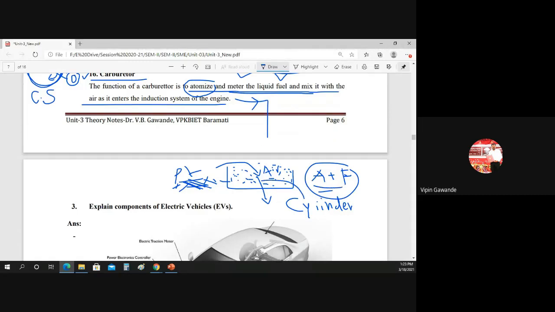ओके, म्हणजे सपोज यू हॅव स्टार्टेड द व्हेकल आणि आपण फक्त 20 किंवा 30च्या स्पीडने चाललो आहे, तर आपल्याला एअर फ्युएल मिक्सचर कमी लागेल, कारण आपली स्पीड कमी आहे. सपोज इफ यू इन्क्रीज द स्पीड टू 60, that means now we require more air fuel mixture.